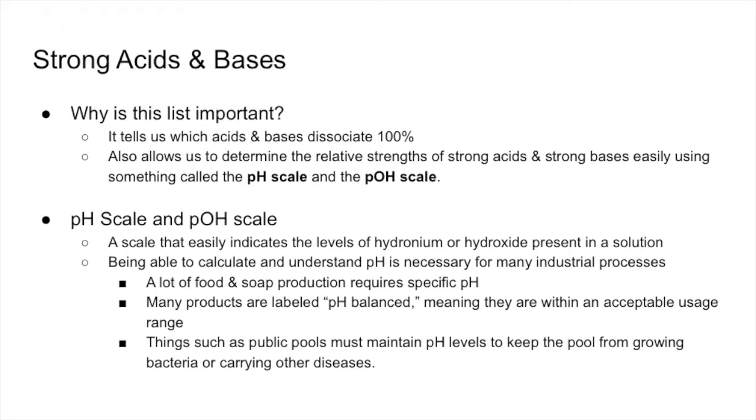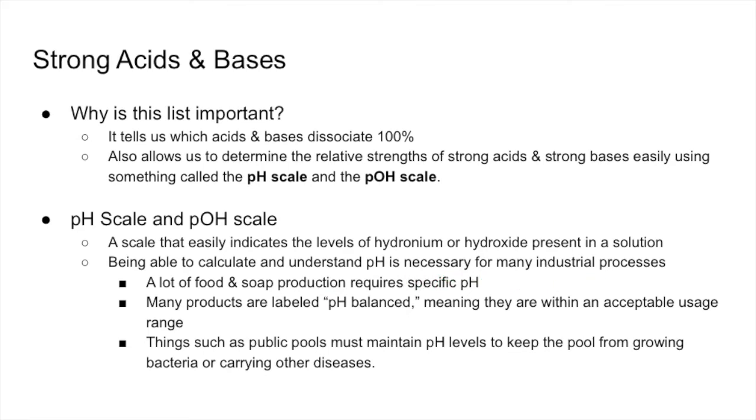So what's the pH scale and the pOH scale? Really what this means is the power of hydrogen if it's an acid, or the power of hydroxide if it's a base. So this is a scale that easily indicates the levels of hydronium or hydroxide present in a solution. Being able to calculate and understand pH is necessary for many industrial processes.